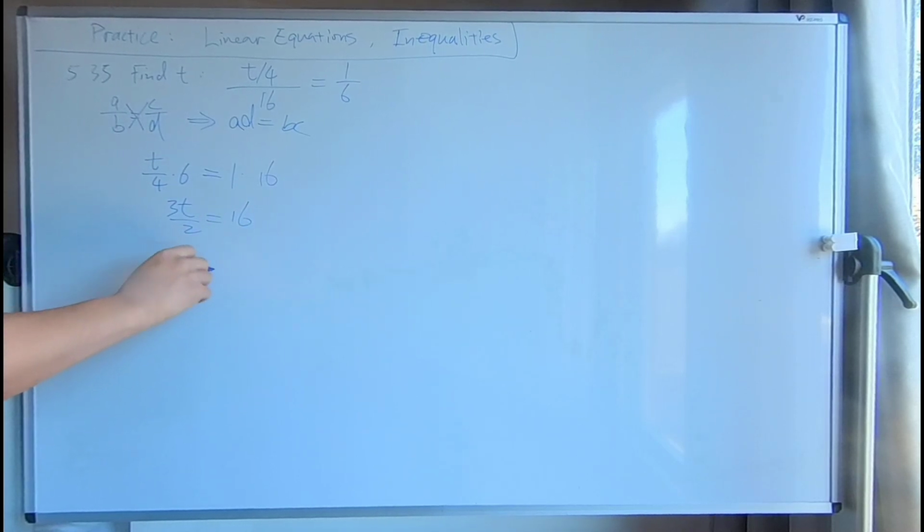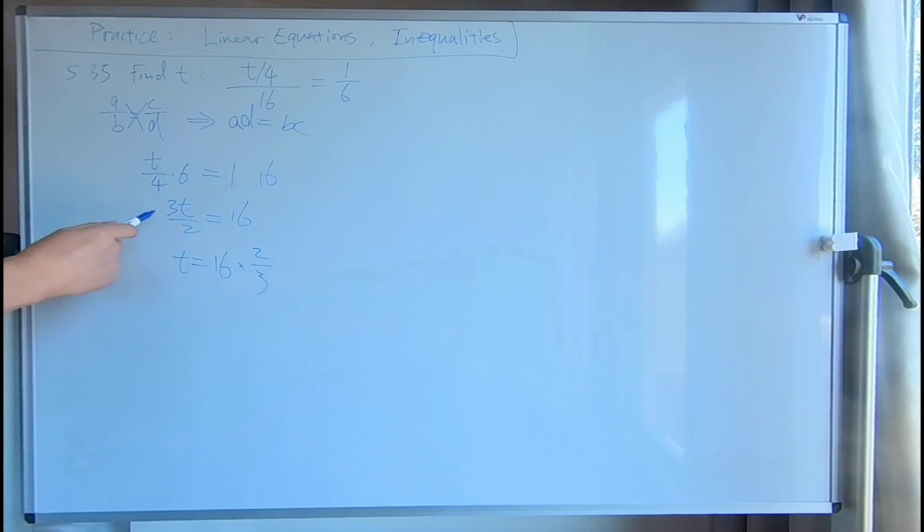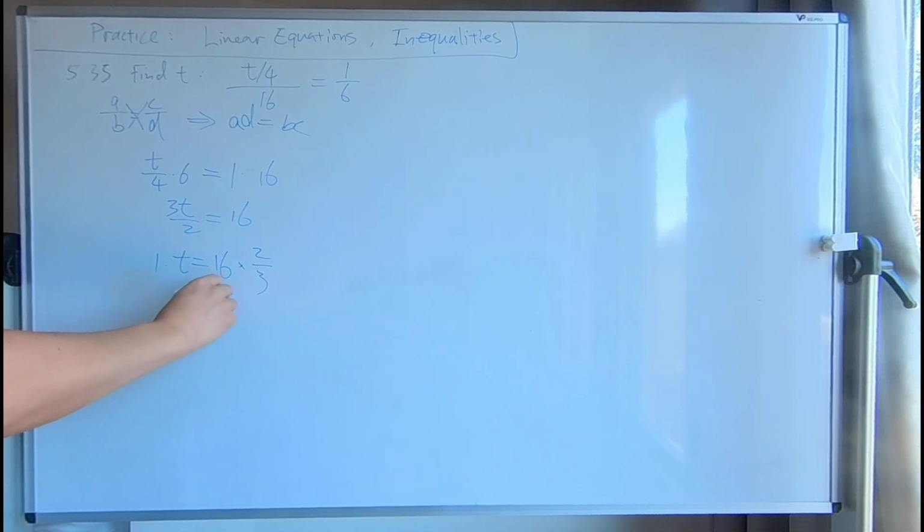Then t would be 16 multiplying by 2 over 3, because multiplying 2 over 3 on the left-hand side cancels out the 3 over 2 and becomes 1, so 2 over 3 also multiplies the right-hand side. Further simplifying, I get 32 over 3. Because 32 does not contain any factor of 3, that is the simplest form of the solution.